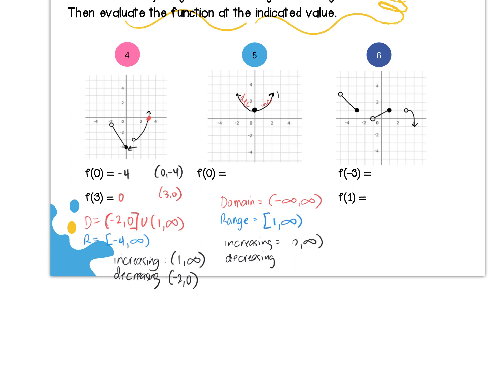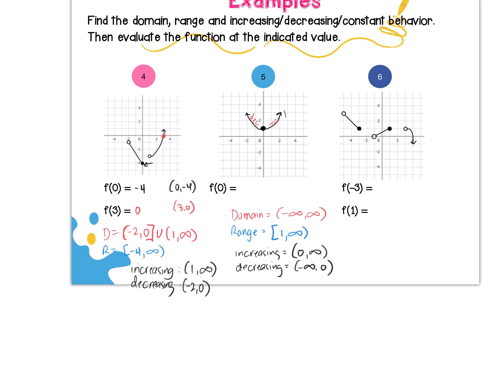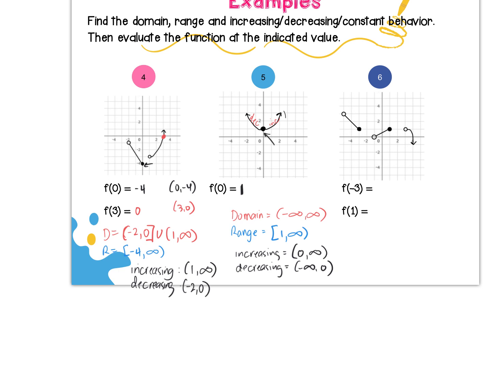Sorry about that. So from 0 to infinity. And then this one is decreasing from negative infinity to 0. Okay, so it's domain, range, increasing and decreasing. And then f of 0, what is the value of the function when x is 0? It is 1. Notice this ordered pair here at 0, 1. Okay, so when my input is 0, my output is 1.